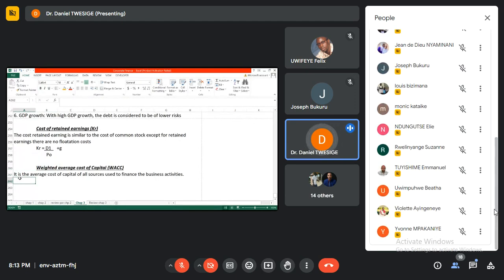The general one that we always use, though it is not perfect because sometimes it may under-assume, is WACC = KE times VE, plus VD times KD times (1 minus T), all divided by VE plus VD.